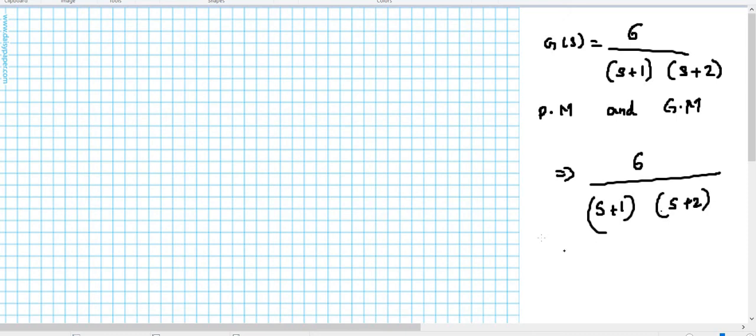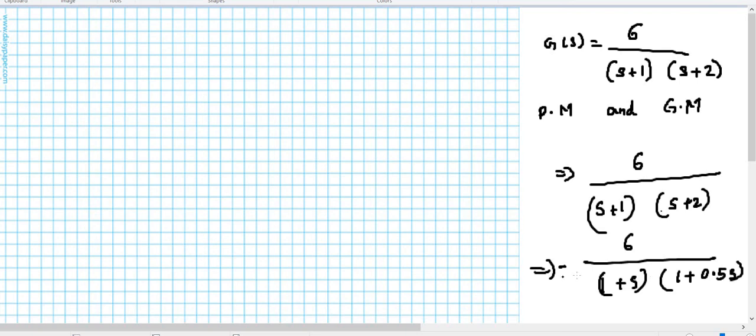Now we can convert it into 1 plus sT format. When you convert it into 1 plus sT format, it will be 1 plus s into 1 plus 0.5 s, into 2.